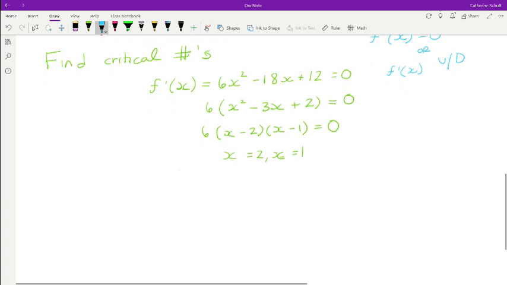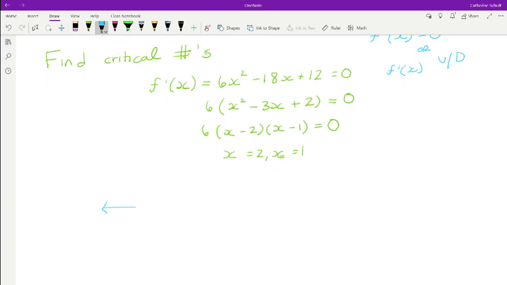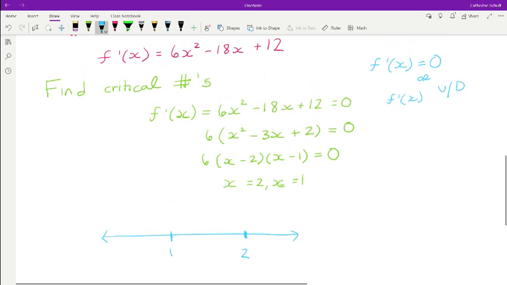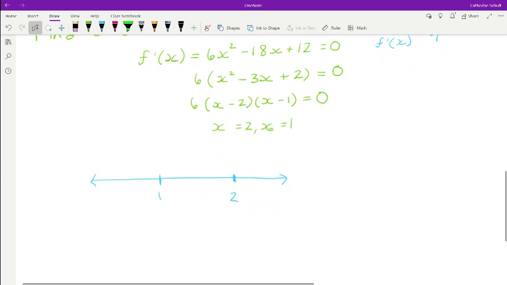So we now have where our derivative changes, the critical numbers, 1 and 2. Now we have to figure out where our derivative is going to be positive and where it's going to be negative. And 2 and 1 are going to be dividing those intervals, because those are the zeros. After 0, it's either going to be negative or positive.